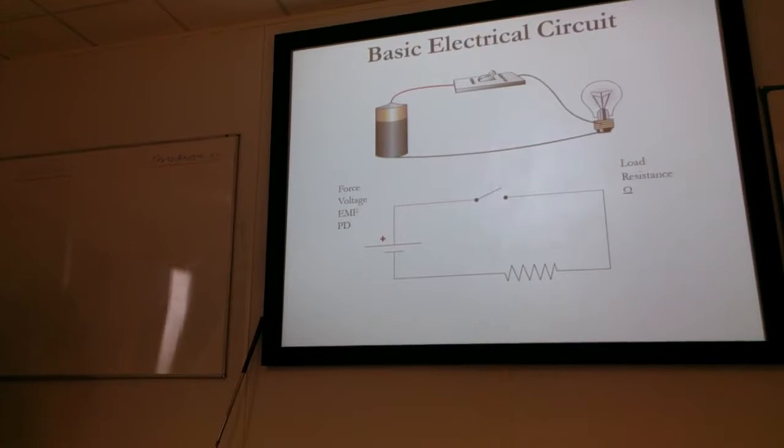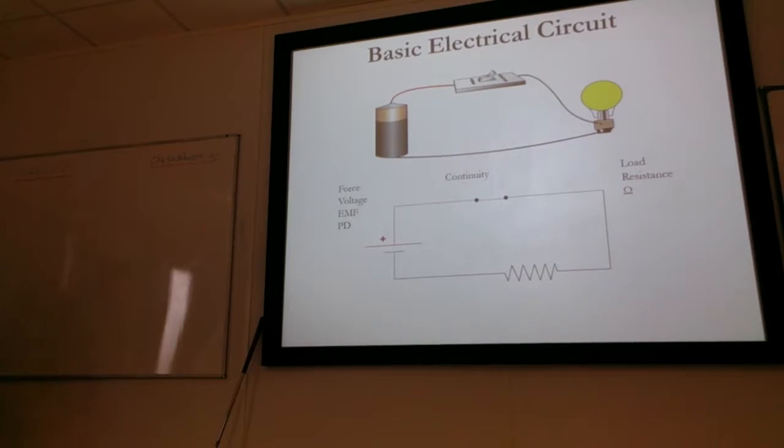Also, we talk about the load. In this case, in our very simple circuit, we've got a battery, the symbol for which is a long and a short, positive terminal and a negative terminal. We've got a switch to complete the circuit, and we've got a resistance load. In this case, our resistance load is just the light bulb. Okay, so what we then do, we maintain continuity by completing the circuit, and that makes the light bulb come on.